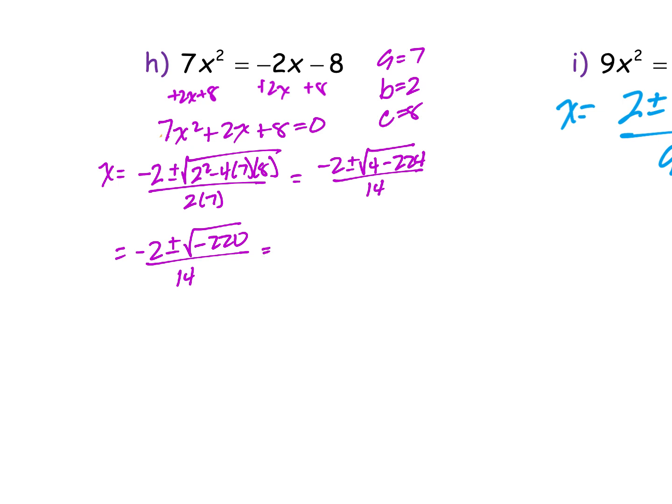And let's see, this is going to be 4 times 55 is -220. Okay, so that gives me -2 plus or minus 2i root 55 divided by 14. And then all three of them are divisible by 2, so I get -1 plus or minus i root 55 divided by 7.